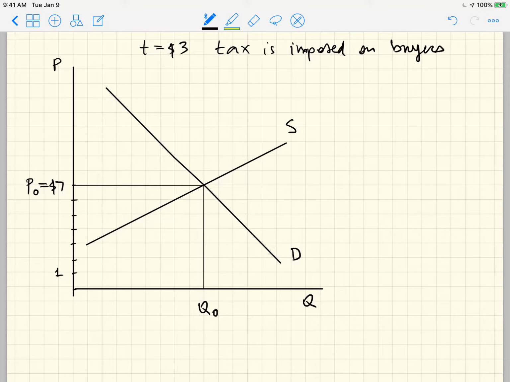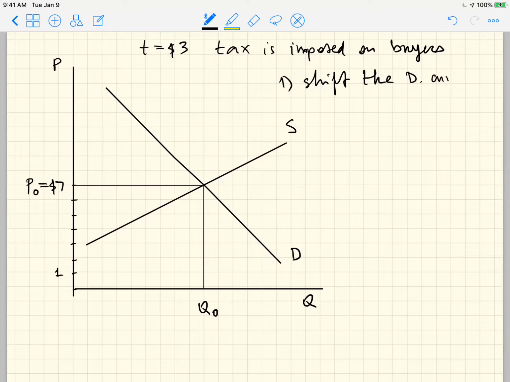So how are things going to work out in this case? Well, it's very similar to what we saw in the previous diagram. First, we need to shift the curve. But we're shifting the demand curve now, right? Because tax is imposed on buyers.